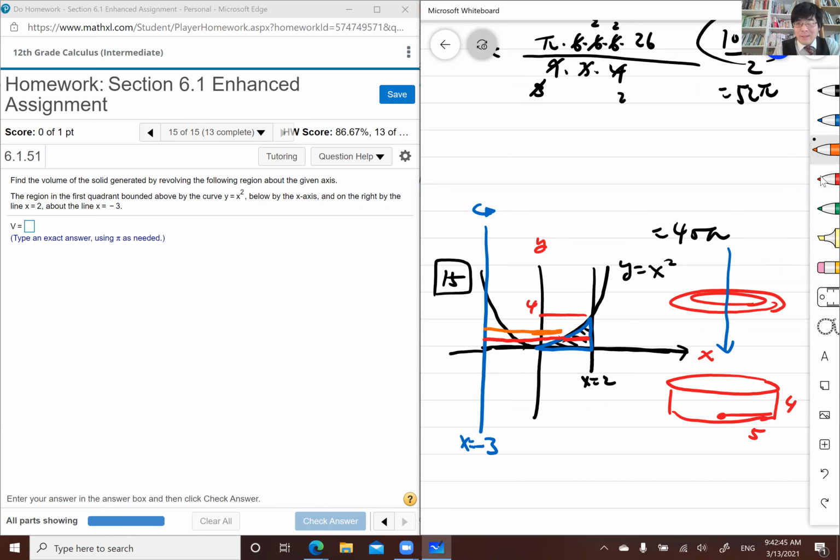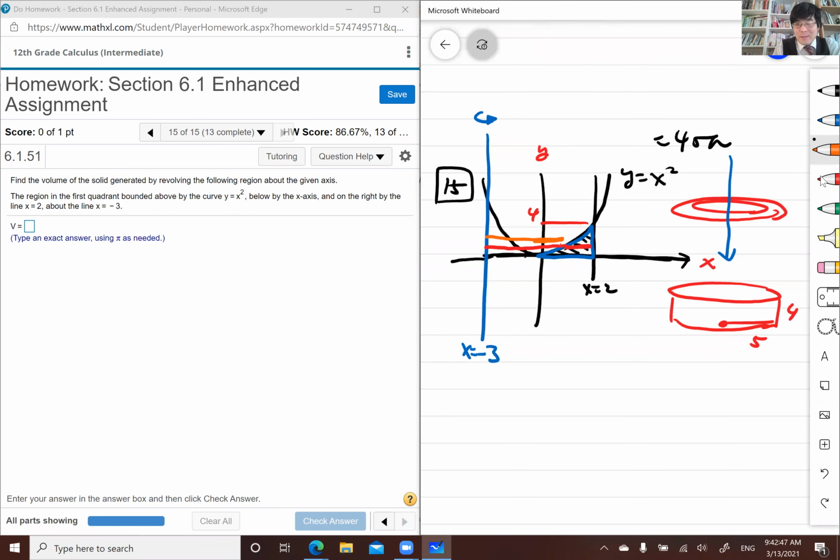Now we look at the orange part, which will be something like this. The length here will be the x coordinate on this curve minus the x coordinate on the blue line.